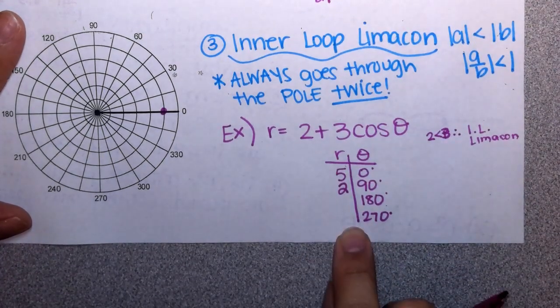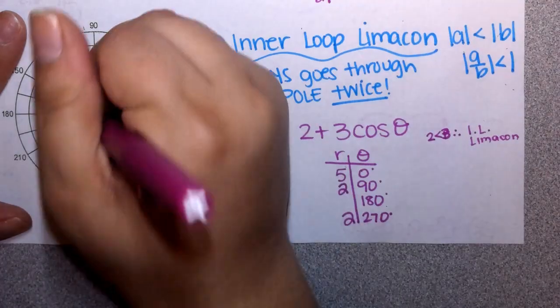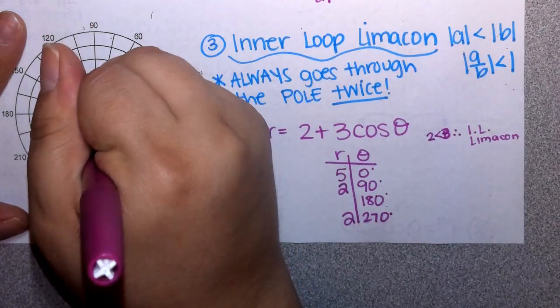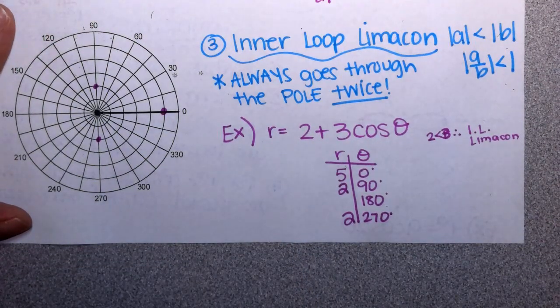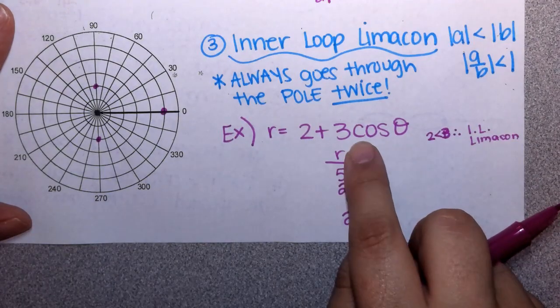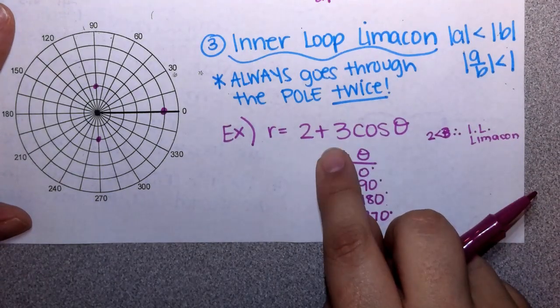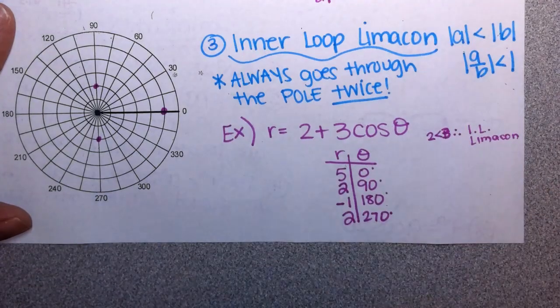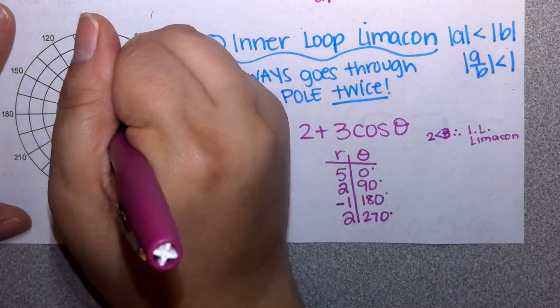And do y'all agree that's the same for 270? What is the cosine of 180? No, cosine of 180. Negative 1 times 3 plus 2. So I'm going to graph this 1 away from 180.